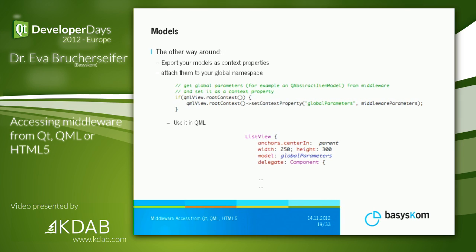So if you have a small wrapper around your QML application that just opens a QQuickView, takes the main QML and displays it, you can get access to the QML engine and set a context property there, and then it gets global and you can use the global model, the global parameter, and use it in your whole application. That's another way. It's the other way around.